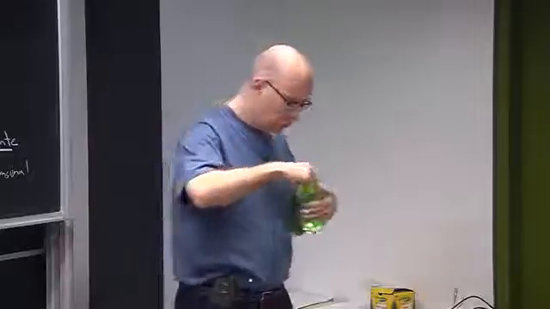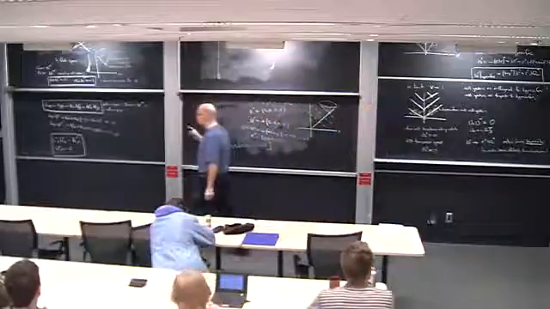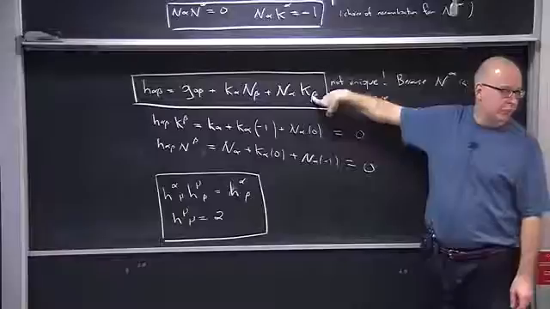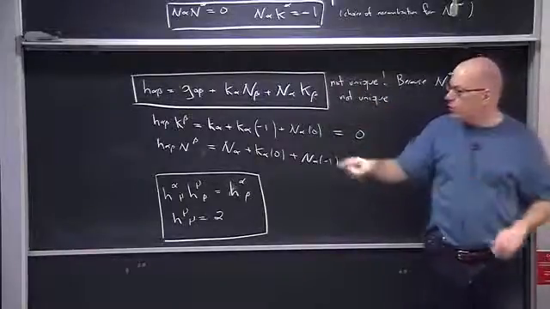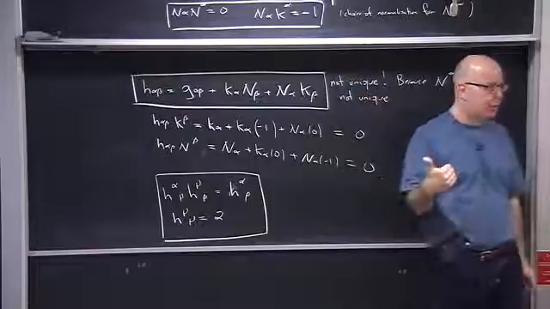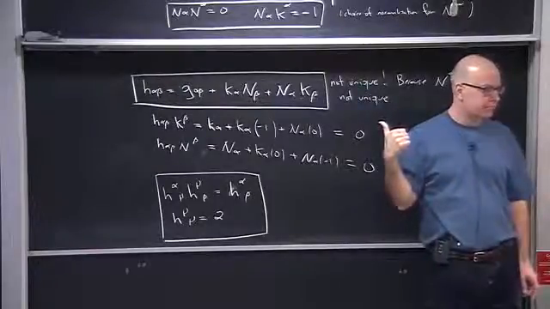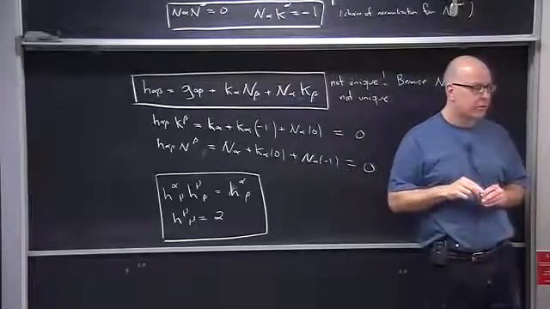No. Once you've picked n, then h will be orthogonal to only n and k. If you pick a different n, then the different h will be orthogonal to that n and k. So you can adapt the definition, but once you've made the selection, then h will only be orthogonal to those two vectors. Yeah. Any other questions?